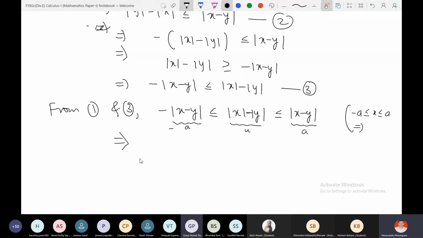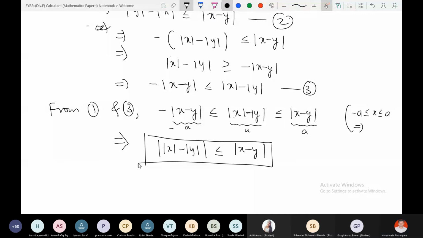Correct? So absolute value of the middle number is less than or equal to a, whatever is a, so absolute value of x minus 1. This is what we wanted to prove.